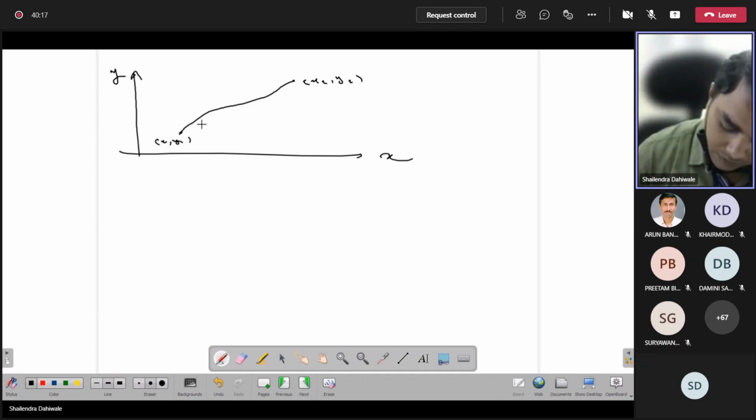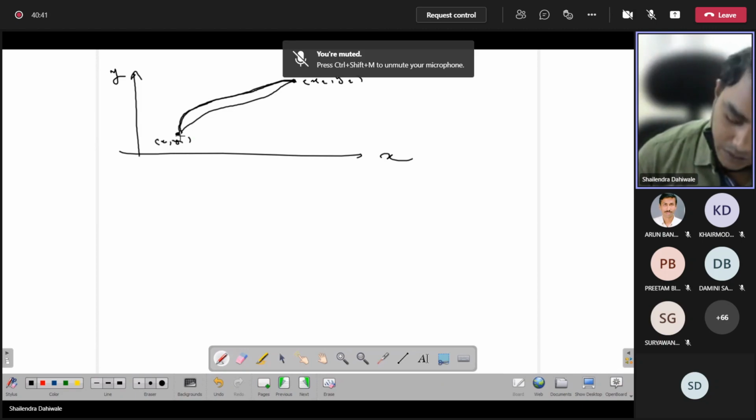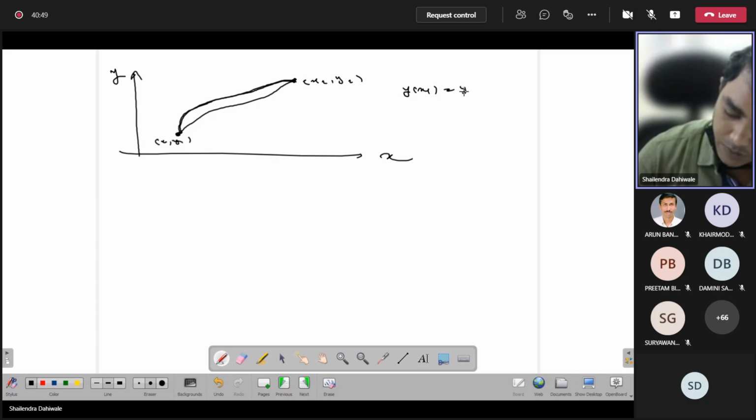So we want to find that any variation from this path is not allowed. Very important point again: whatever variation we take, this varied path passes through these endpoints, so y of x1 is y1 and y of x2 is y2.